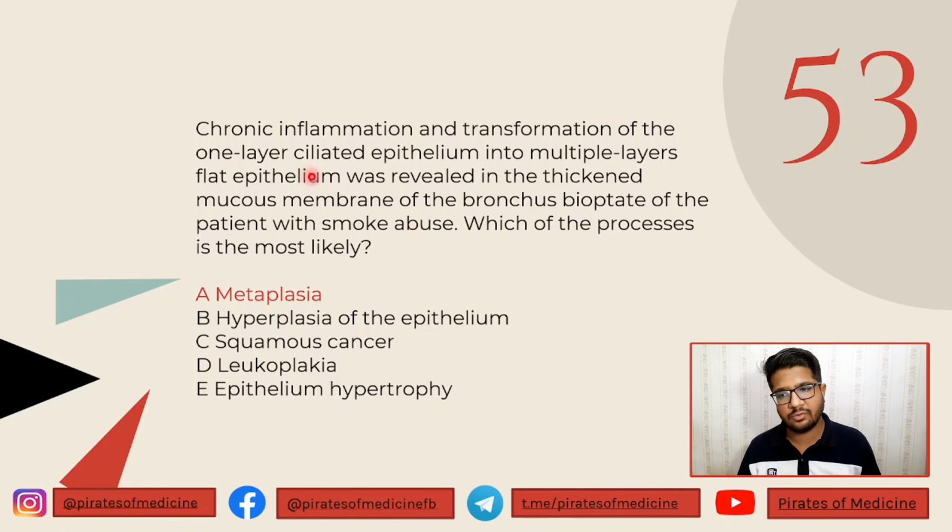What has it led to histologically? One-layer ciliated epithelium has changed into multiple-layer flat epithelium. Stratified squamous epithelium has now formed in the bronchus. What has happened over here?